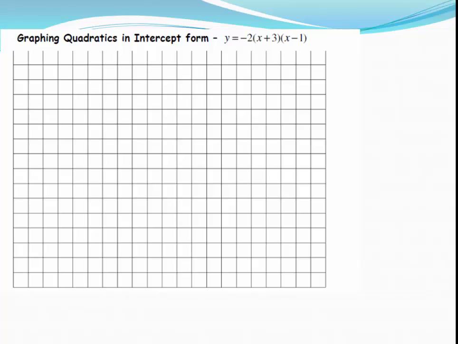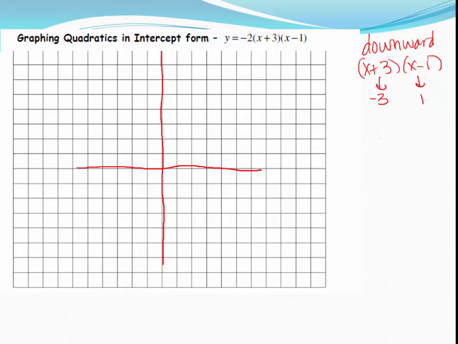So let's look at this one. So based on this -2, it's going to open downward. And since I have x plus 3 as one parenthesis and x minus 1, I'm going to do the opposite. It's going to be -3 and +1. So 1, 2, 3. Here's an x-intercept and +1.